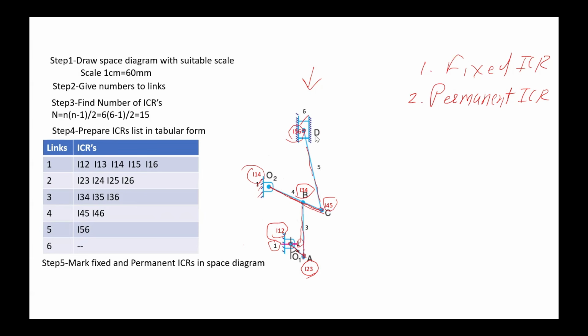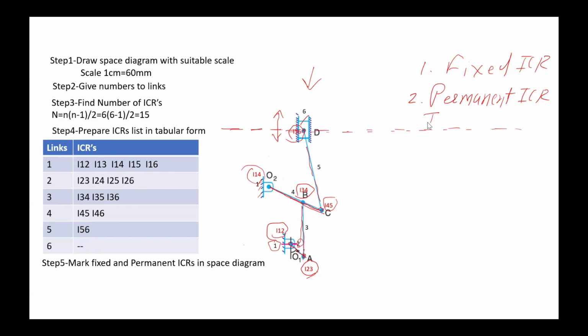Now remember, for the slider, the ICR is a perpendicular infinite line to the line of stroke of that slider. The line of stroke of the slider is vertical. The perpendicular to this line of stroke is a horizontal line which is passing through the pin of that slider.